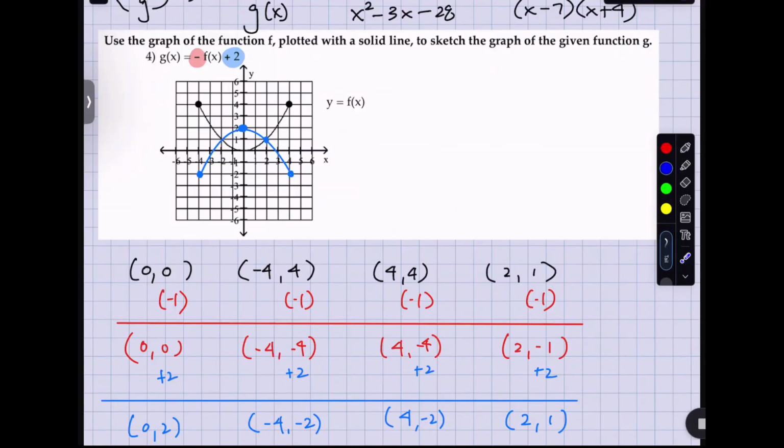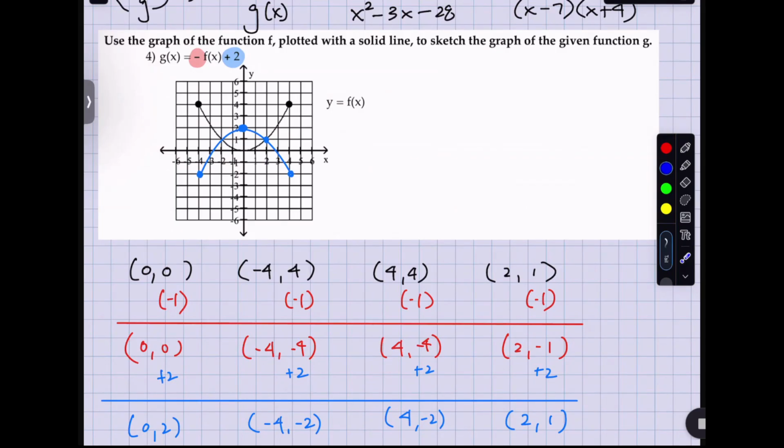So the y value goes from positive to negative, because I'm multiplying by -1, right? That has to go over which axis? Y goes over from positive y to negative y.